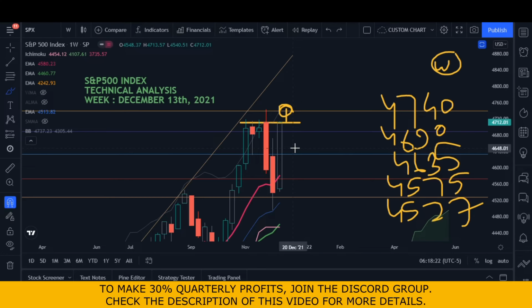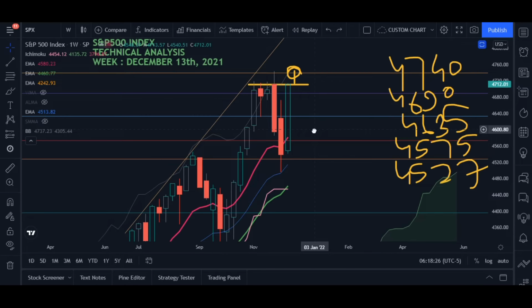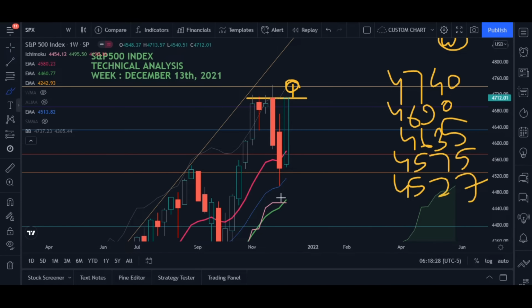Now if we talk about the moving averages, last week also I told you, there is a fan out in the moving averages, and there is no crossover and market has not closed below the moving averages on the weekly chart, which means market is still bullish. Through one moving average the market is bearish, but otherwise the pattern of the moving averages says market is bullish.